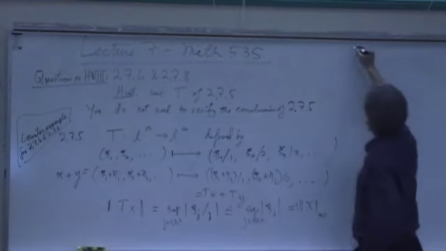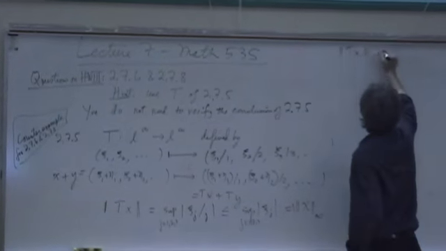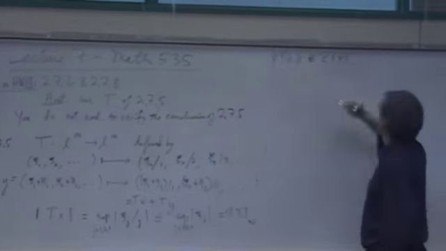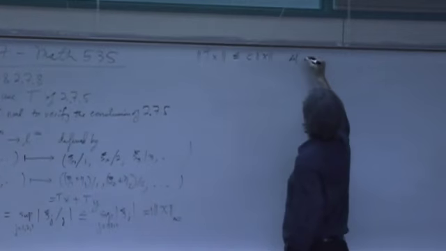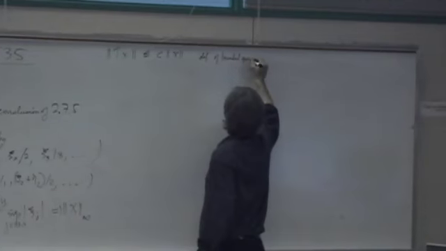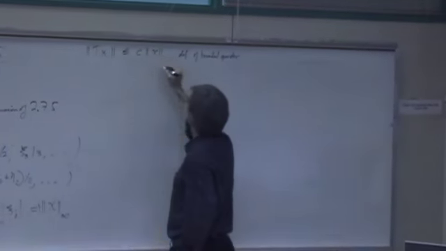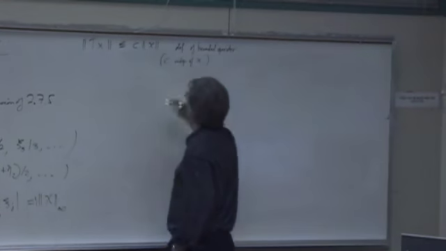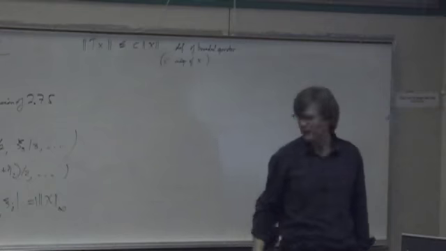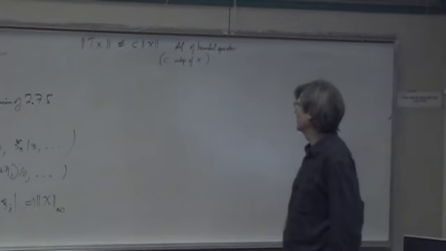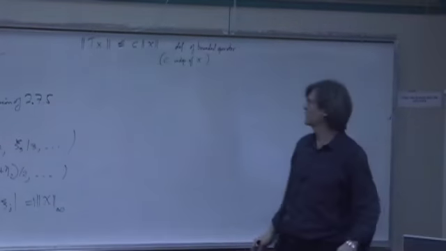Remember, the norm of Tx less than or equal to C times the norm of x is the definition of a bounded operator, where C is independent of x. Obviously. I think some people had a little bit of trouble with that this week, in making sure that C was not dependent on the vectors. Here it's independent of all the vectors x.